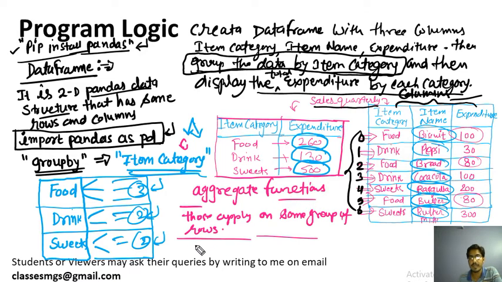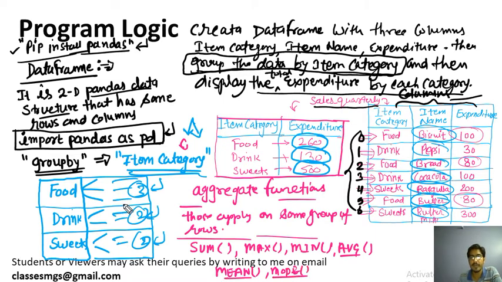What are examples of aggregate functions? Sum is an aggregate function which totals the values, maximum finds the maximum among the group, minimum finds the minimum among the group elements, AVG finds the average, mean finds the mean of the group elements, and mode calculates the mode of the group elements.